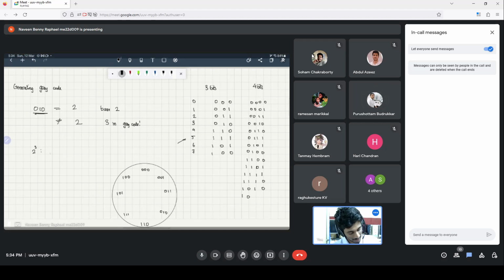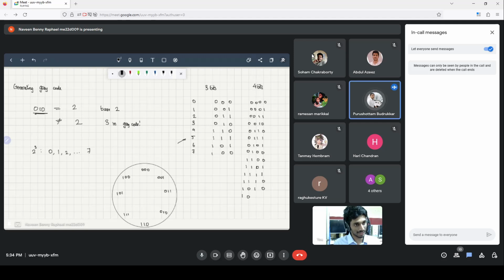If I list them out, it will be all numbers until 7, so between 0 and 7 there are 8 numbers. 2 to the power 3 is 8. Understood. And 2 to the power 4 is 16, and therefore you can have numbers from 0 to 15. Thank you, sir.